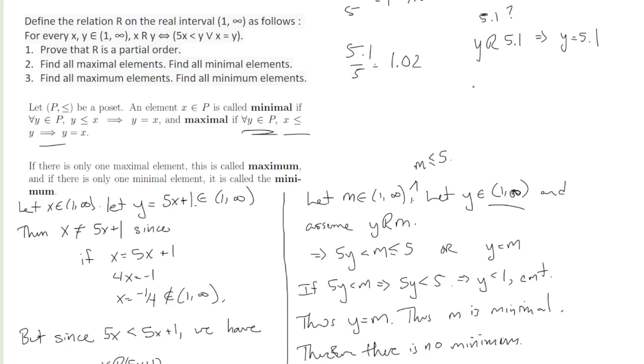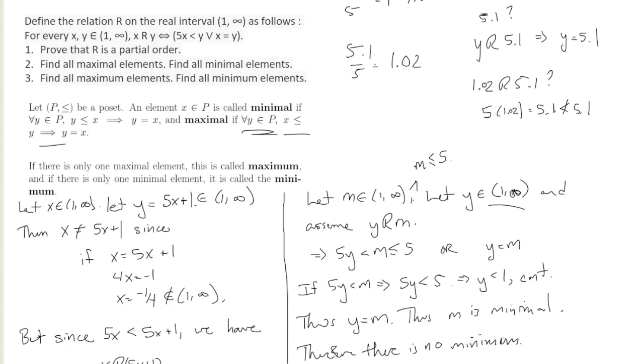And so if I take 1.02, is it related to 5.1? No, because 5 times 1.02 is 5.1, which is not less than 5.1.